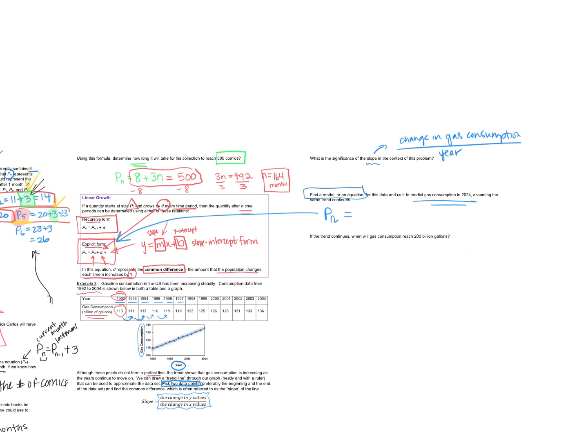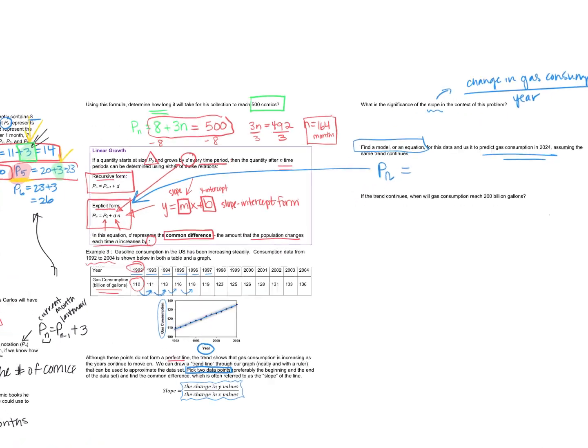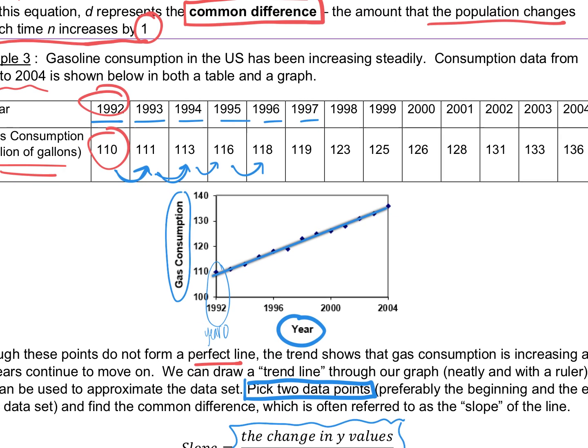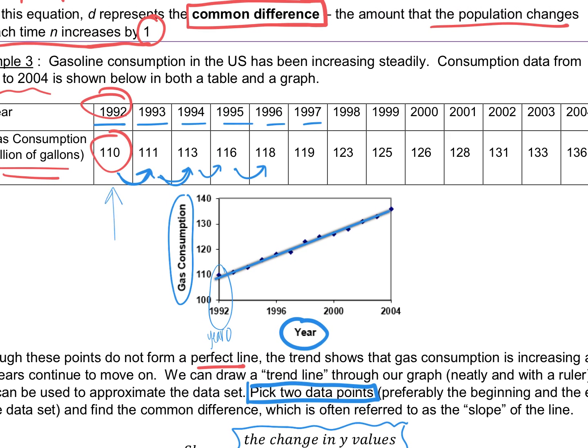the initial starting amount. If you refocus on the graph, we're looking at 1992. So we can call that our year 0. At year 0, it looks like about 110, and I could verify that with my data table.